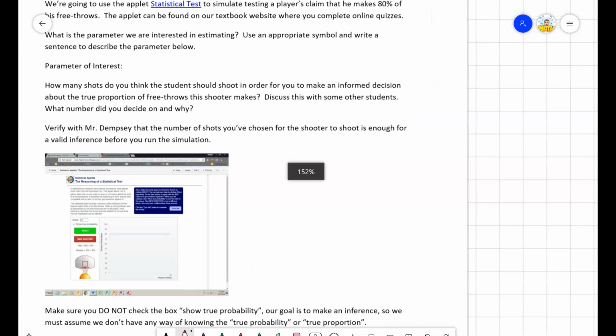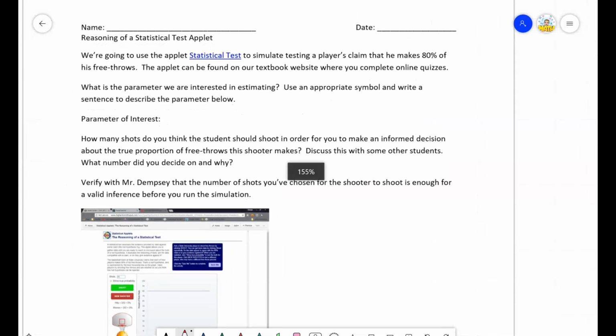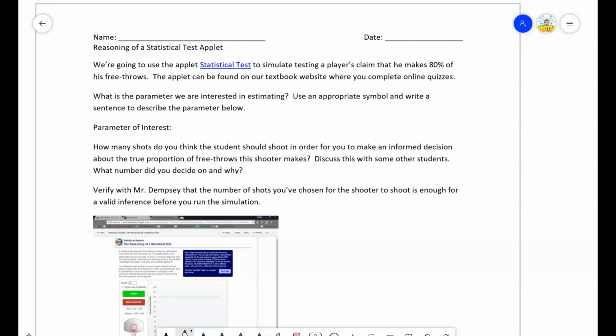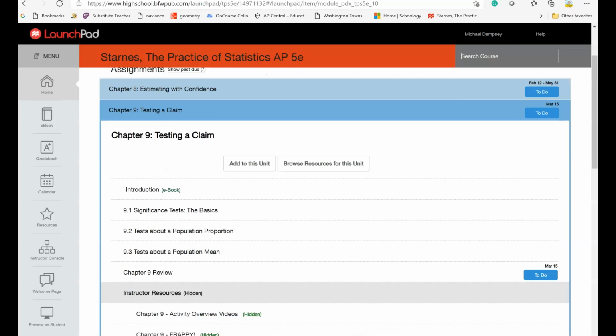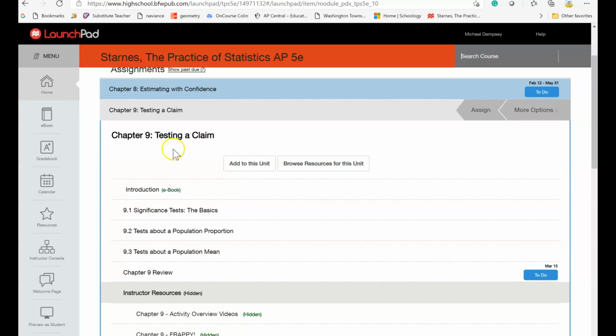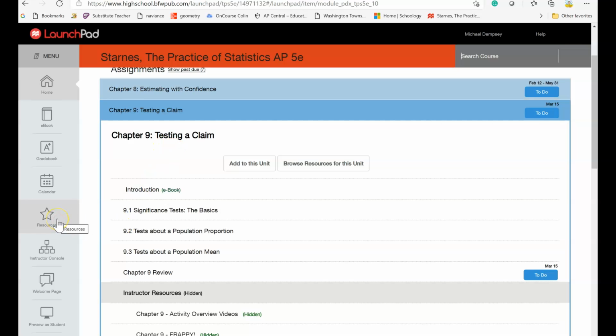So to explore the concept to begin with, we have to pick something that will look at either a mean or a proportion. In this case, we're going to be talking about proportions, right? And we're going to use a statistical applet that goes along with your textbook website. So if you go to our practice of statistics website, where our online quizzes are, the quickest way, I assigned chapter 9 in here, but I don't know if the applet comes up automatically.